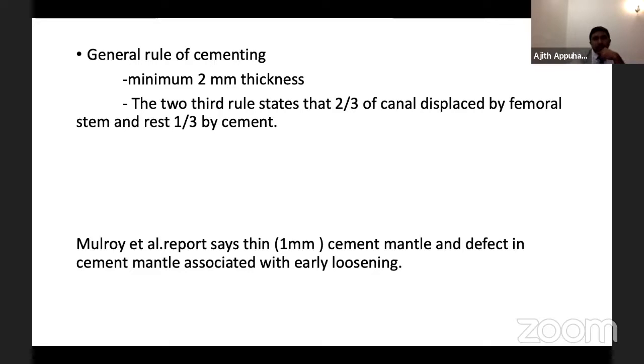Later on, Mulroy. So if you go to the viva discussion, or if you go into some research article, you can easily score 7 to 8, a high score. It's the Mulroy report. They say that if the cement mantle is thin, with defects of the cement mantle, there's a high chance of early loosening.